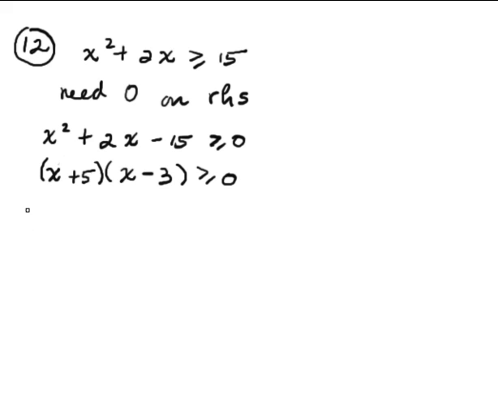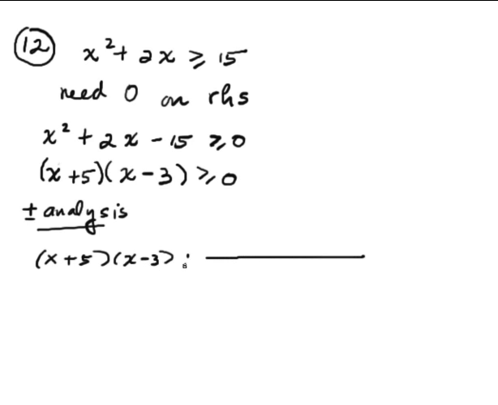All right, let's do our plus-minus analysis. So let's see, we'll write x plus 5, x minus 3 next to a number line. Put the zeros on the number line in order. Minus 5 comes first, then 3. All right, substitute in your values. Something bigger than 3, like 4, makes both factors positive.